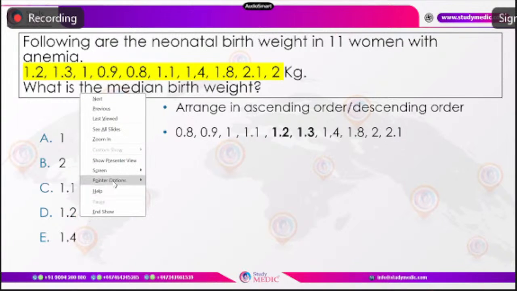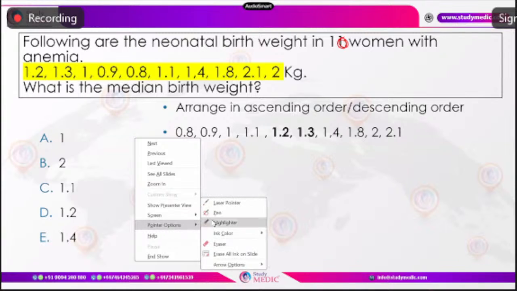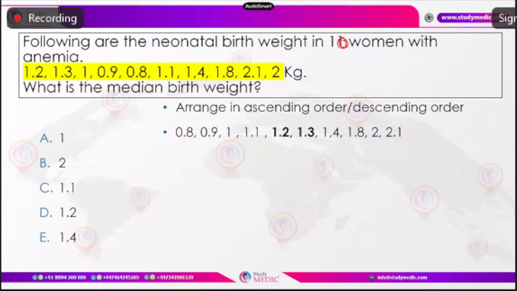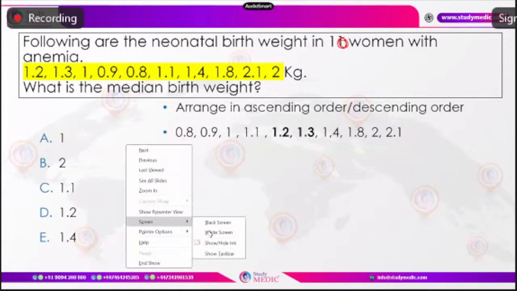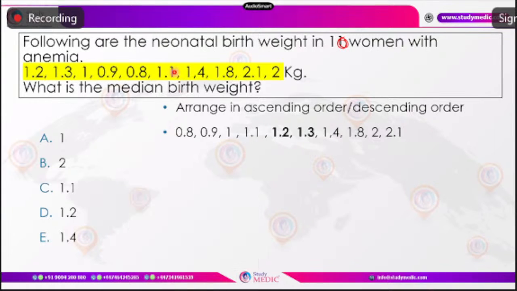If even-numbered data is presented, how do we calculate the median? As we discussed, we take the average of the middlemost values, after arranging in ascending or descending order.